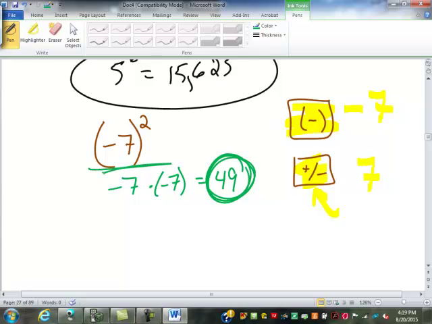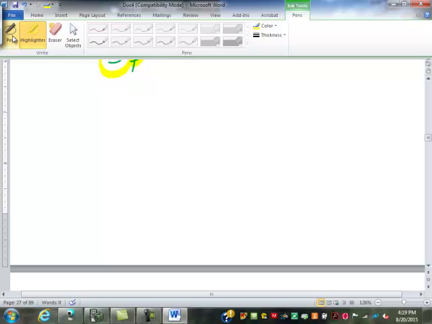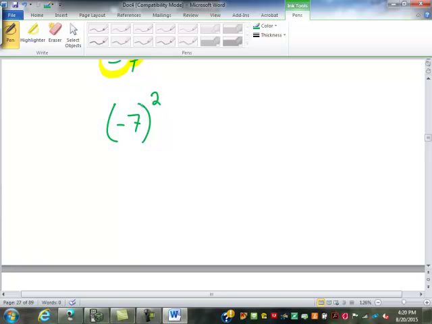Notice how I wrote it here, in parentheses. If you just do -7 and then squared on your calculator, it is applying the squared to the 7 and then putting the negative in front of it. So you do actually have to use parentheses when you enter this. You have to do the open parentheses, -7, close the parentheses, and then to the power of 2.